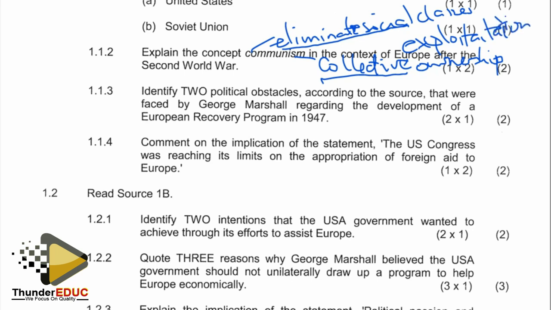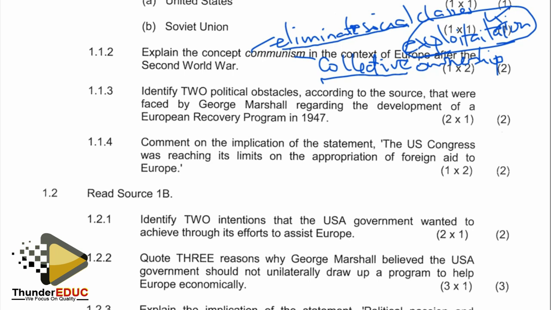We should not have one class dominating and exploiting others like what happens under capitalism. We don't want exploitation. We want fair treatment of everyone in the economy, and we want everyone to benefit equally from the available resources. We do not want other people to take advantage of others. That is the idea behind the concept of communism.